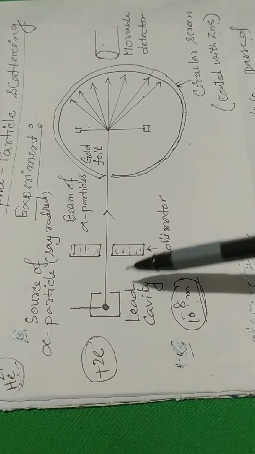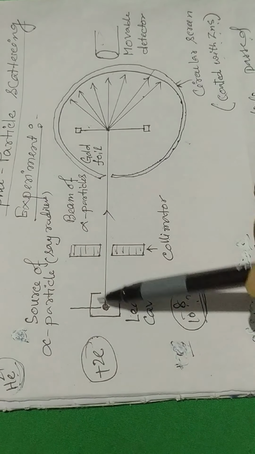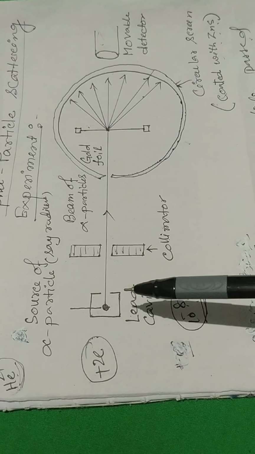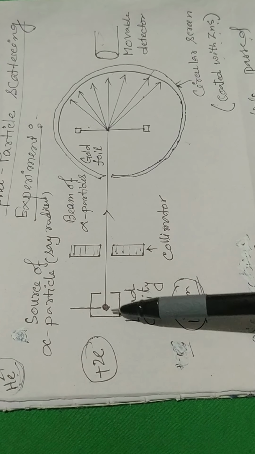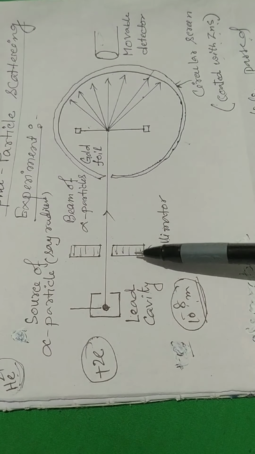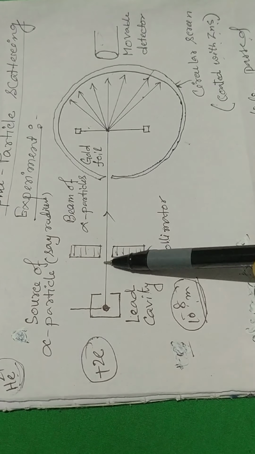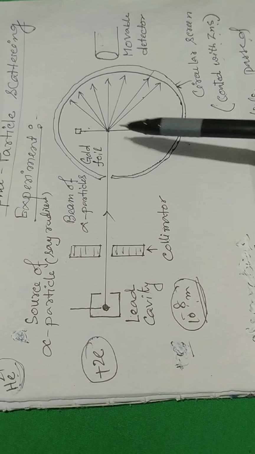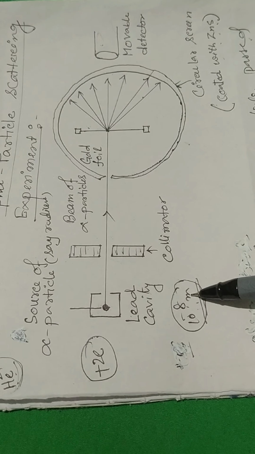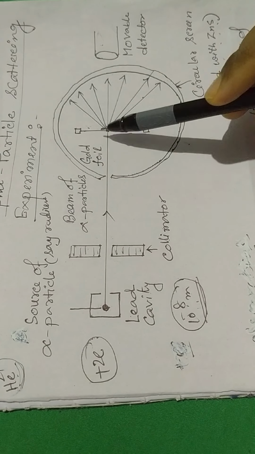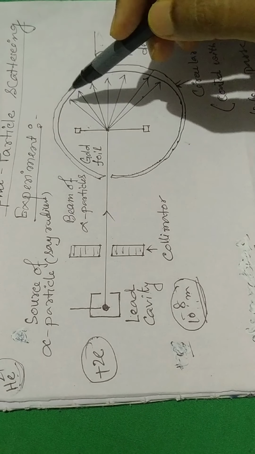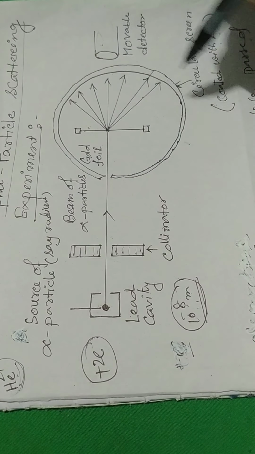You see the diagram? This is the lead cavity. Here the radioactive substance is kept in the lead cavity. When the radioactive substance emits, the emission is alpha particles. That alpha particle passes through the lead slit and is incident on the thin gold sheet, whose thickness is 10 to the power minus 8 meter. After incidence on the gold sheet, the alpha particles are scattered in different directions and strike the circular screen.